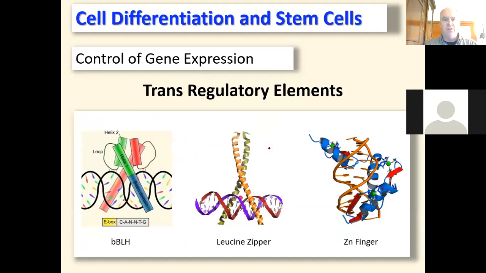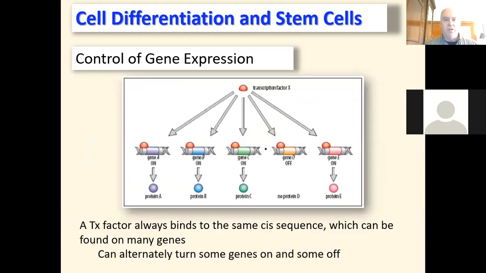That's the combinatorial control. So a transcription factor can turn a whole bunch of genes on and at the same time turn other genes off. And so you get a specific combination of proteins being made that's going to then differentiate that down a specific pathway.